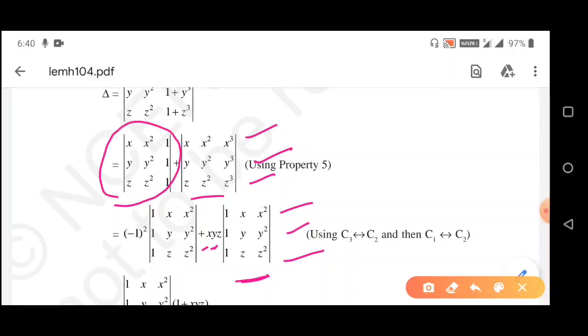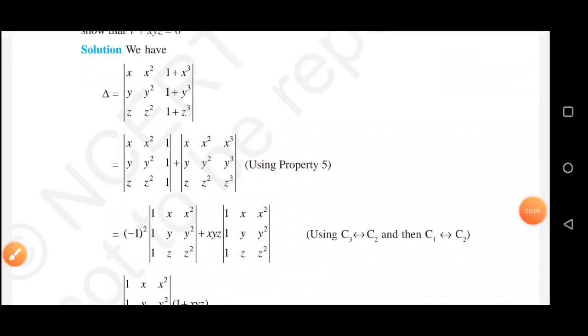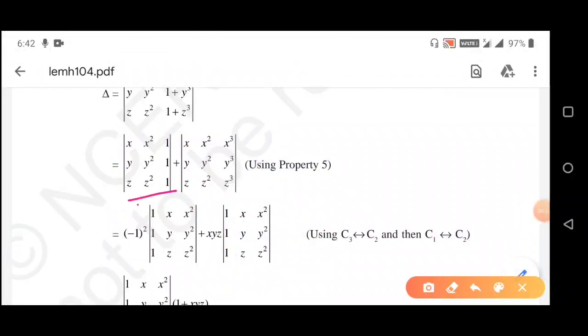Here 1, 1, 1 is in the first column. Here 1, 1, 1 is in the third column. So to make this determinant like this, we can interchange column 3 and column 1. And we know if we interchange any two rows or any two columns, then the sign of the determinant will change.